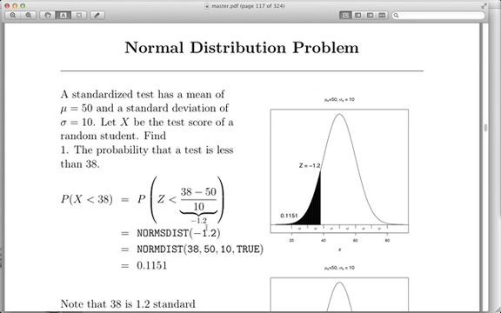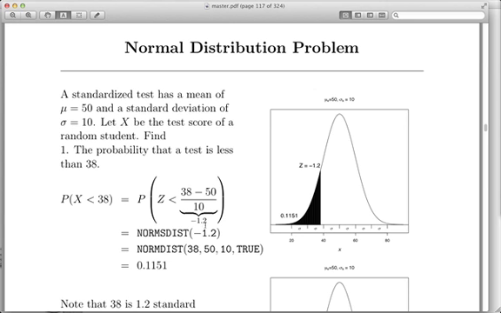Now, I said to you earlier that the units of the standard normal curve, standard units, are the standard deviation. So let's interpret this number in view of that fact. What this means is you are 1.2 standard deviations to the left of the mean. The negative sign means to the left of the mean.